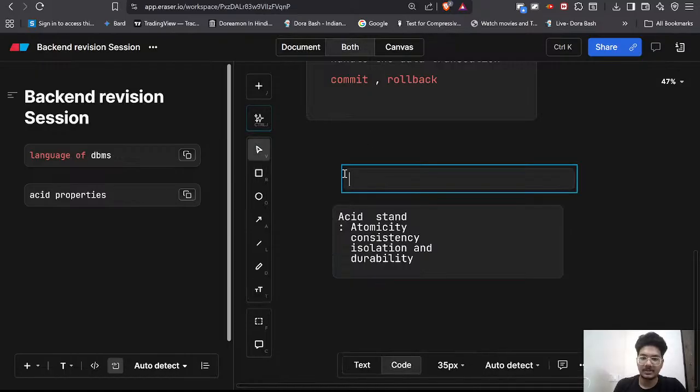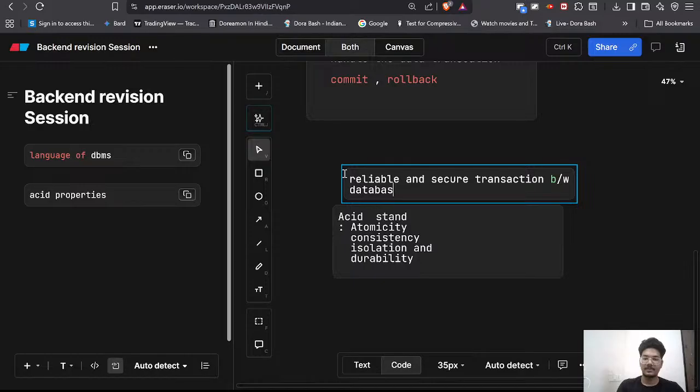ACID is a set of properties that ensure reliable and secure transactions between databases.